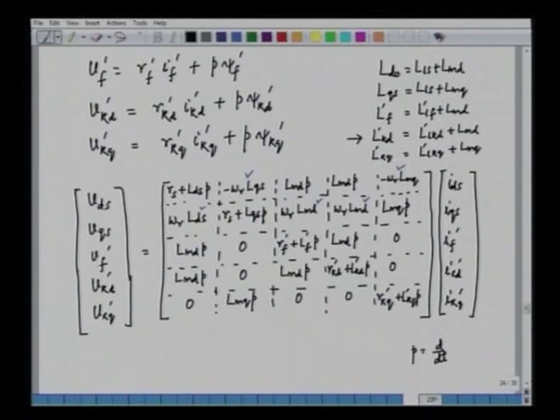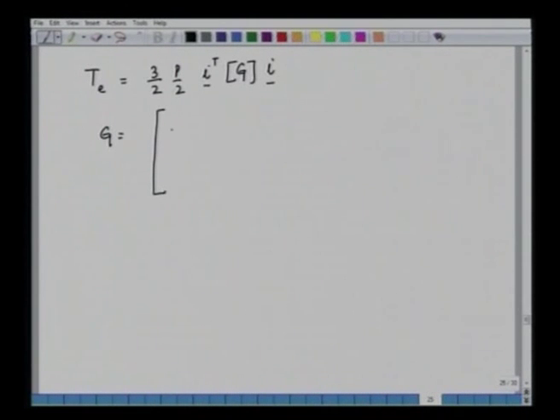So if we see here, this matrix G can be 0, minus LQS, 0, 0, minus LMQ, and then we have LDS, 0, LMD, 0, 0.